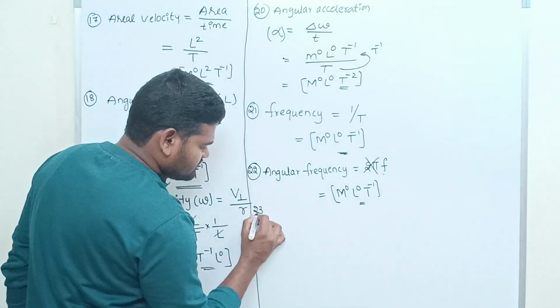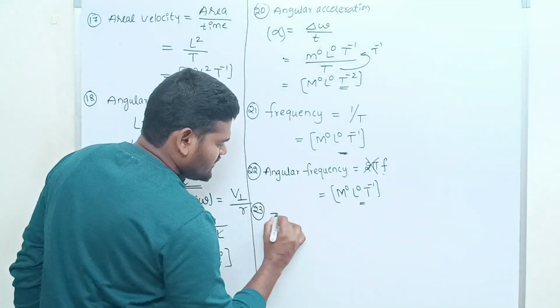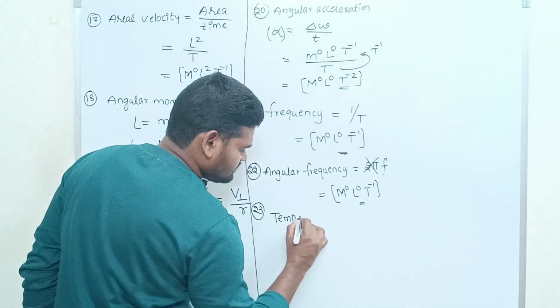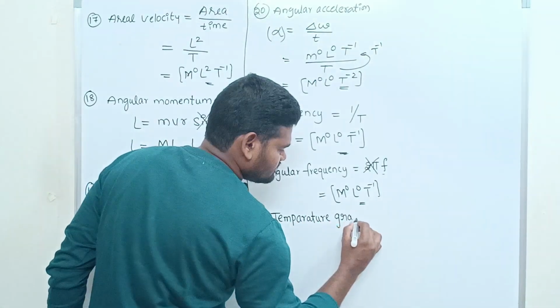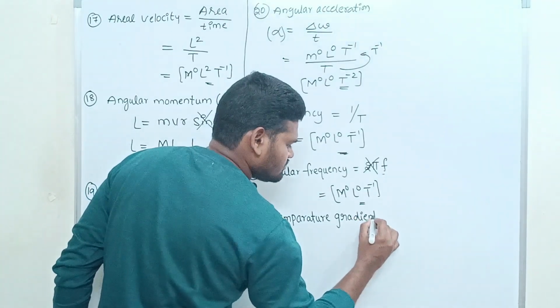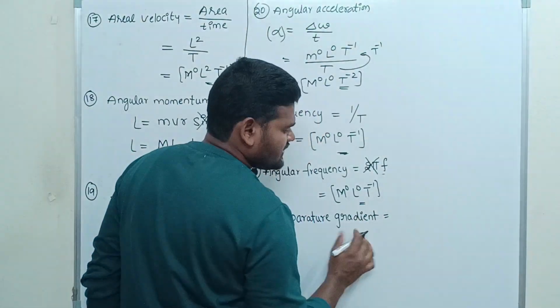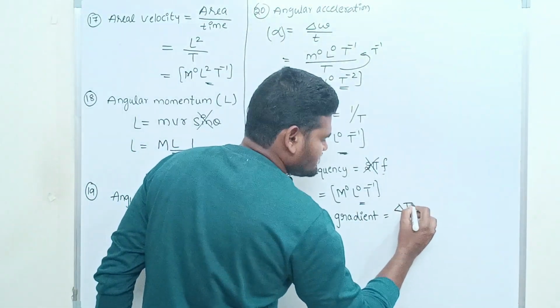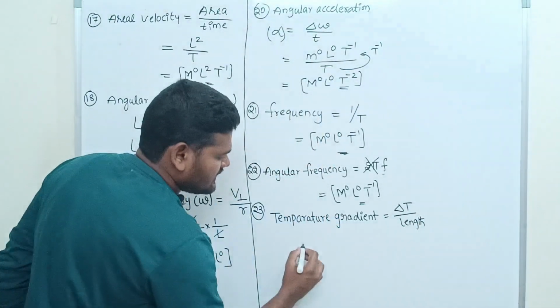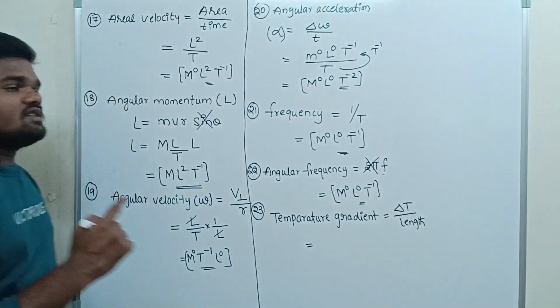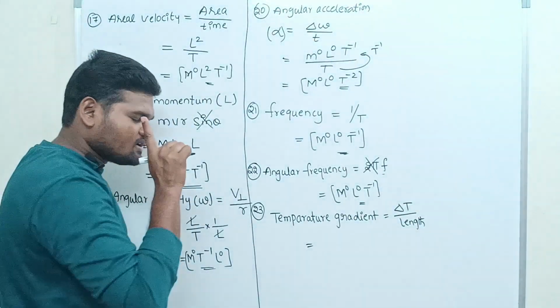So 23. Temperature gradient. So the formula for temperature gradient is change in temperature to length. So the dimensional symbol for temperature is what?